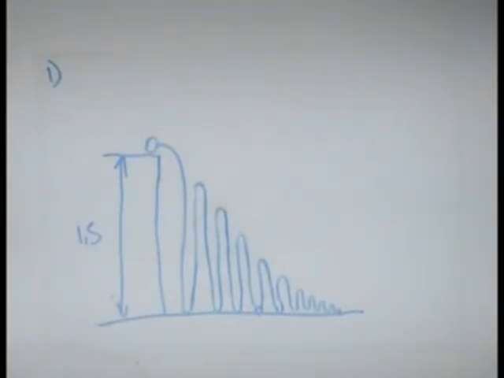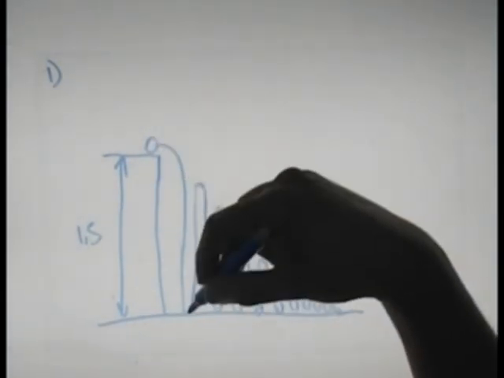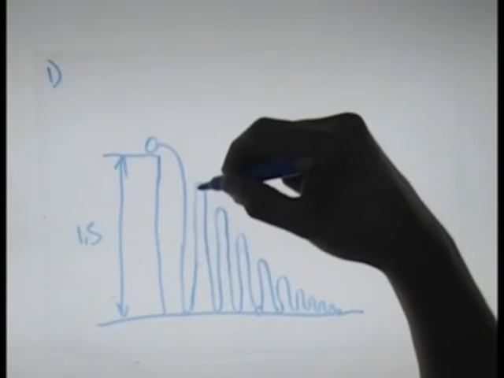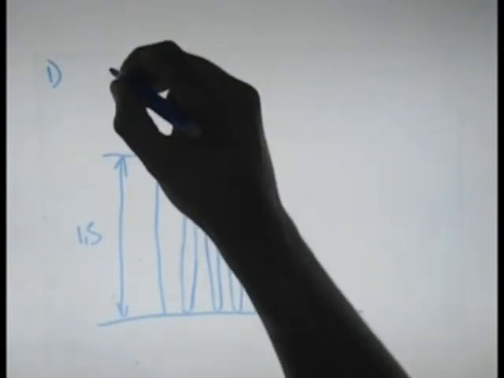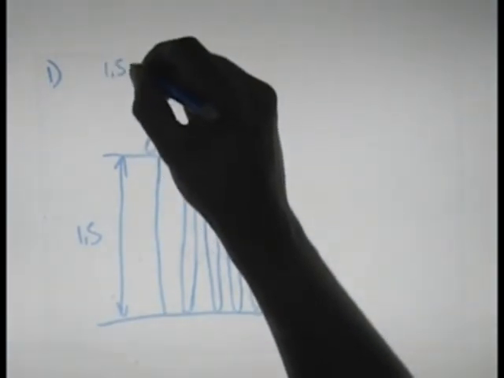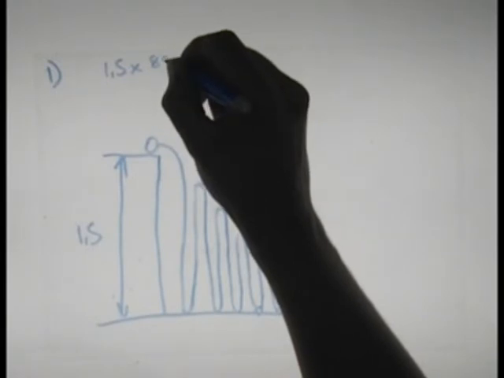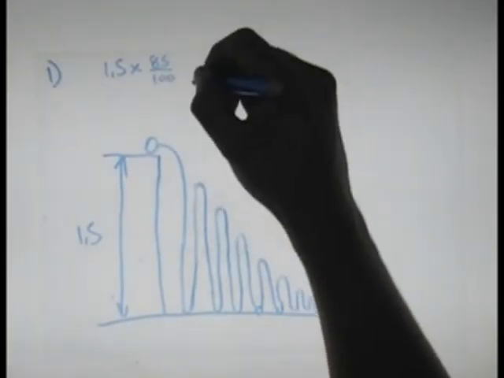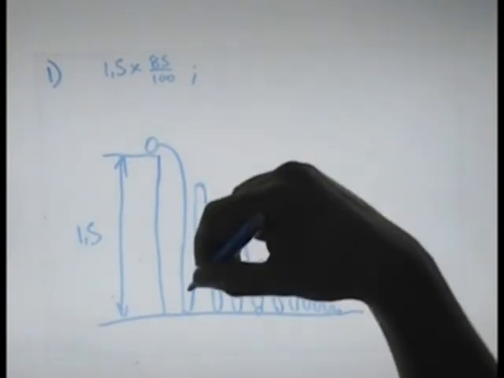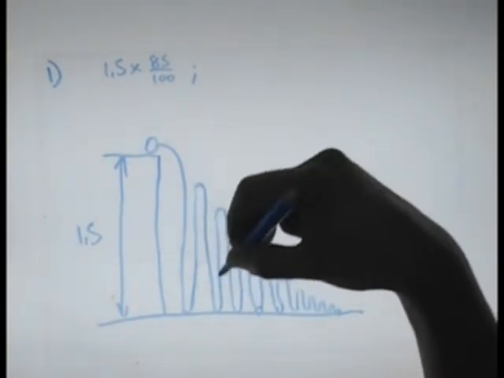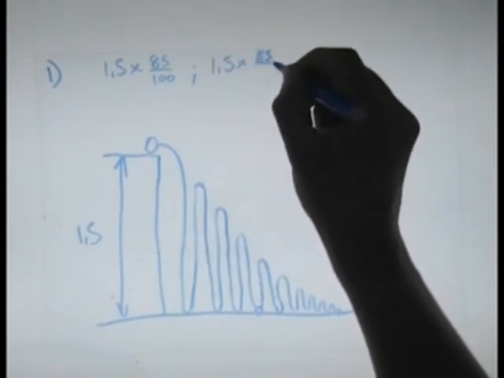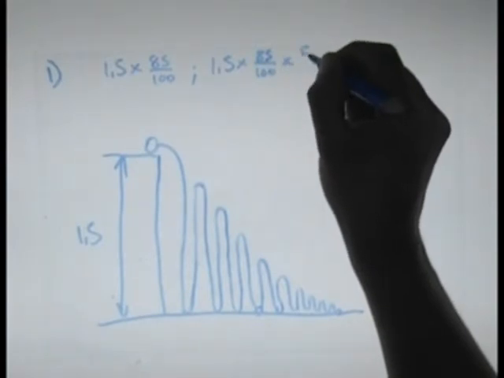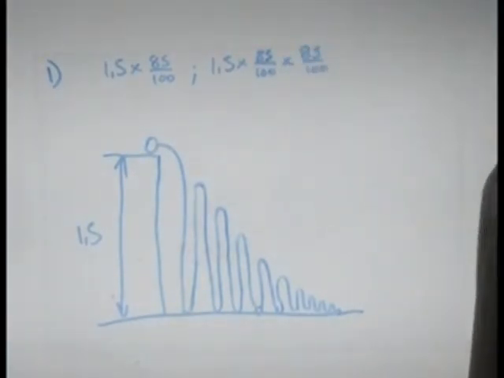Now, let's look at the full path of the ball. Firstly, let's look at when it's bouncing back up. It's bouncing back up a distance of 1.5 times 85%, or times 85 over 100. When it's bouncing back up the second time, it's going to be 1.5 times 85 over 100 times 85 over 100.